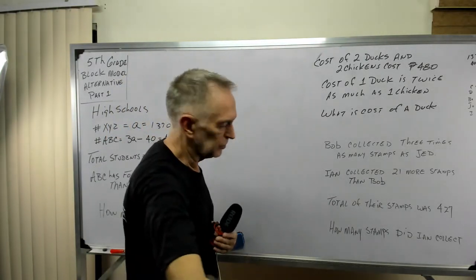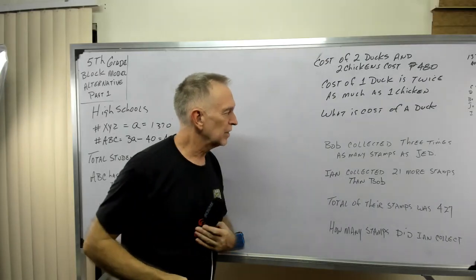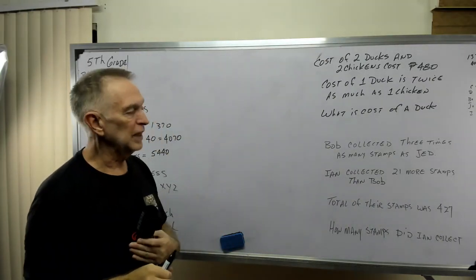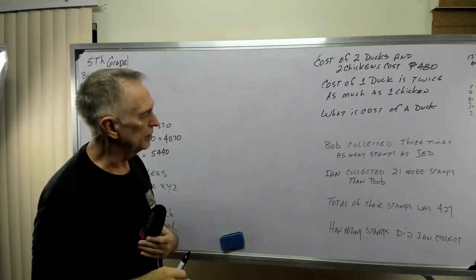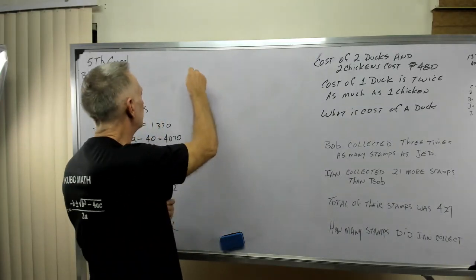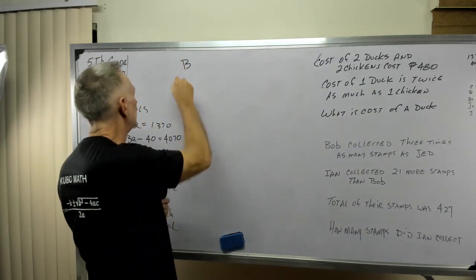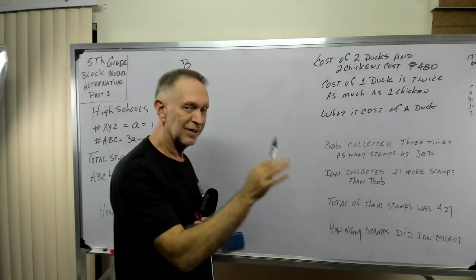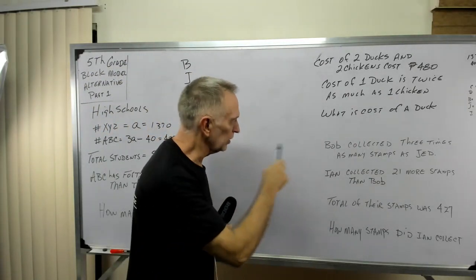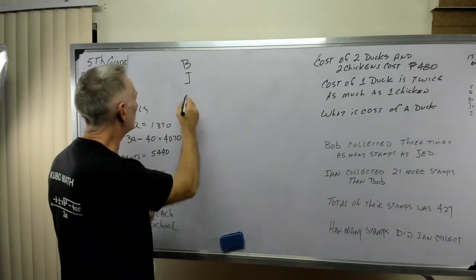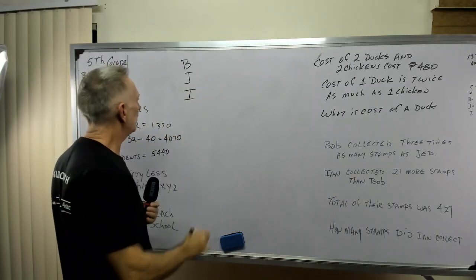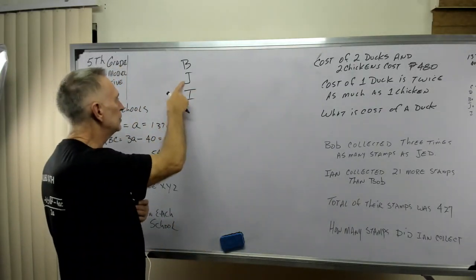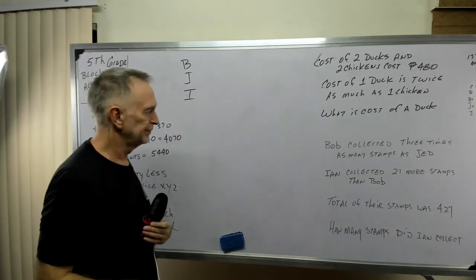For example, this one. Bob collected 3 times as many stamps as Jed. So I have Bob and Jed so far. Ian collected 21 more stamps than Bob. So I have Ian, Bob, Jed, and Ian.